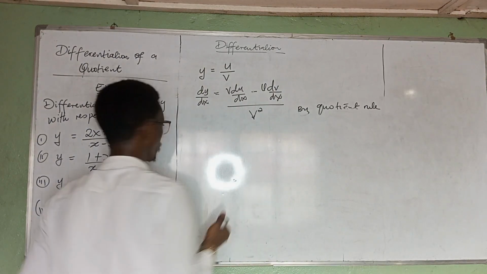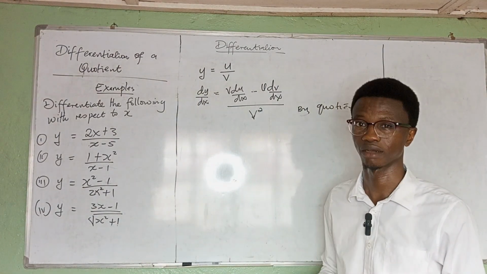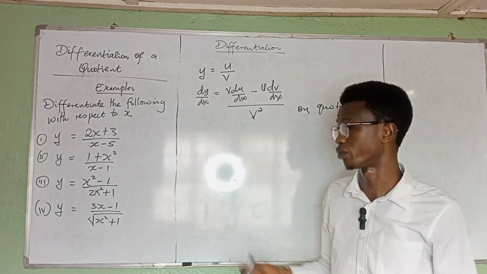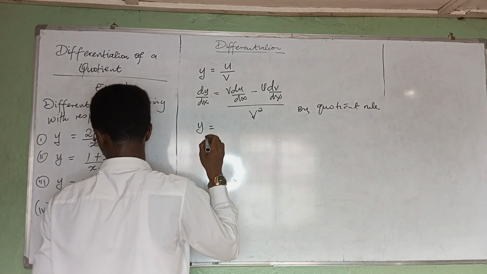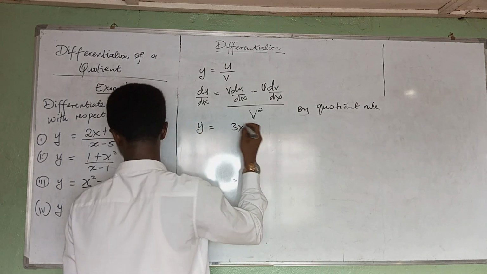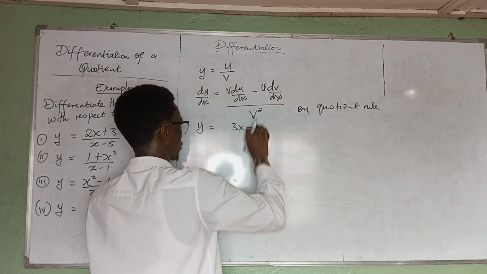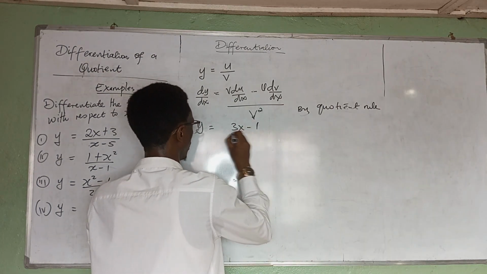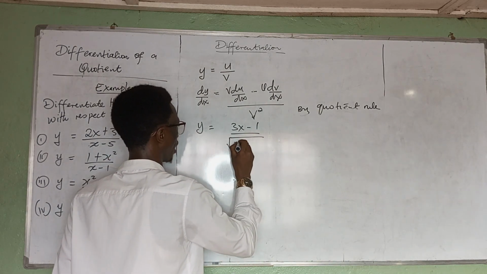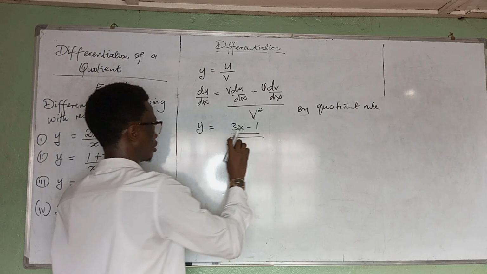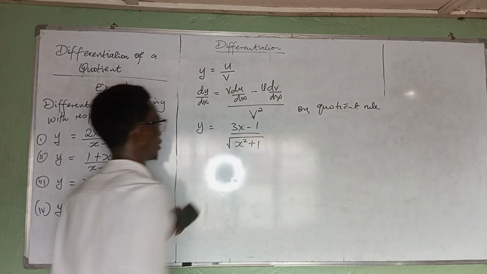So let's look at the last one, which is the most challenging problem here. It says y equals 3x minus 1 divided by root x squared plus 1.